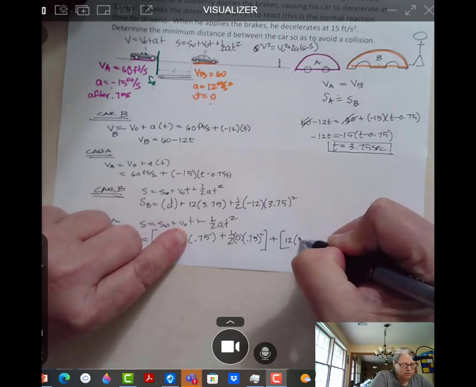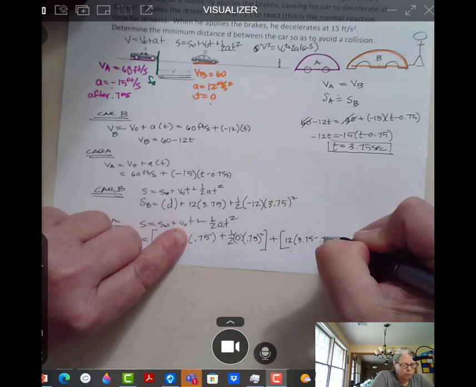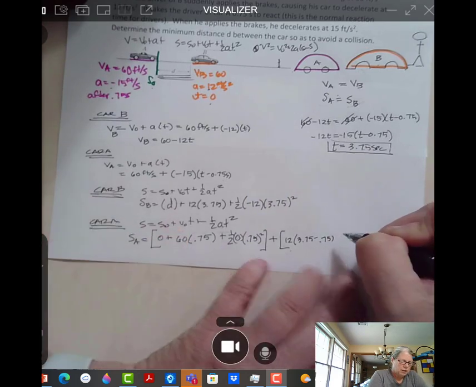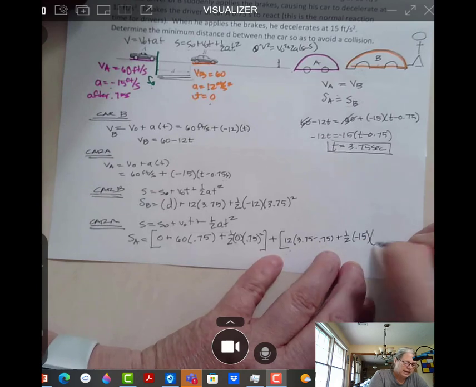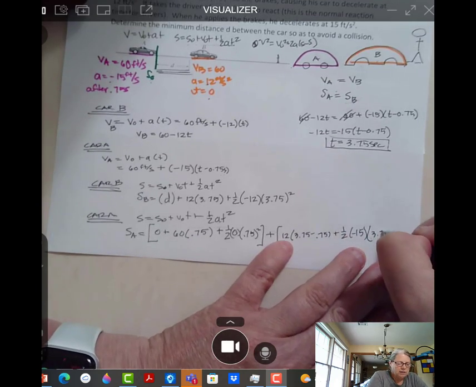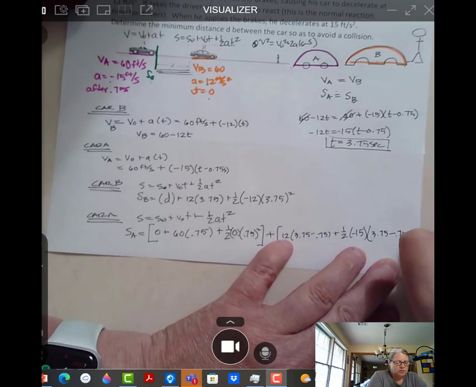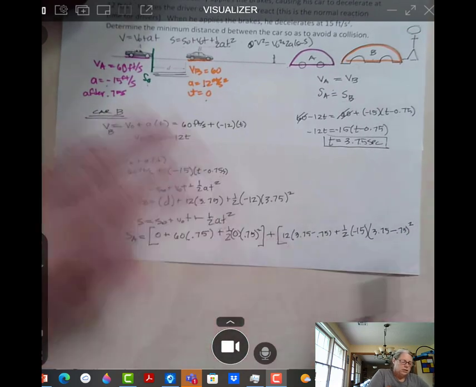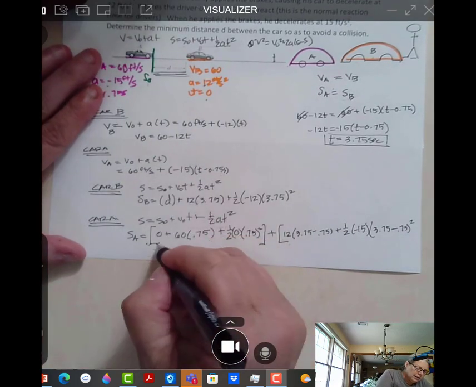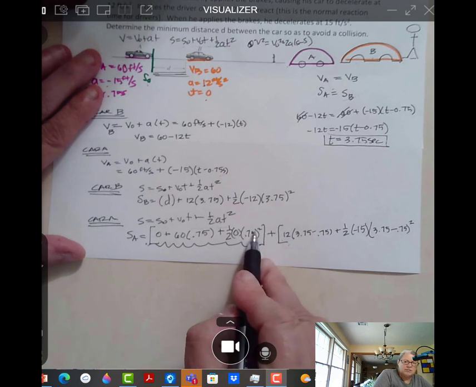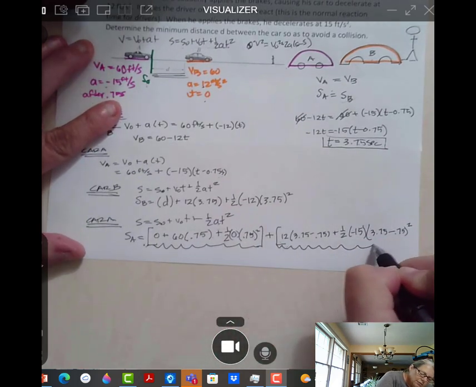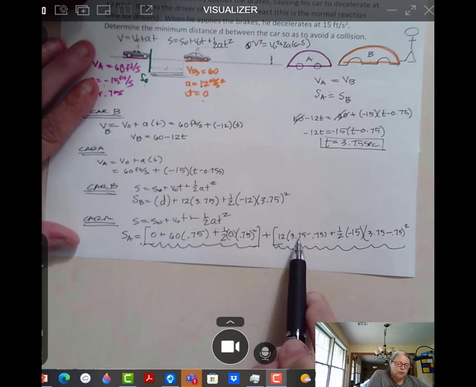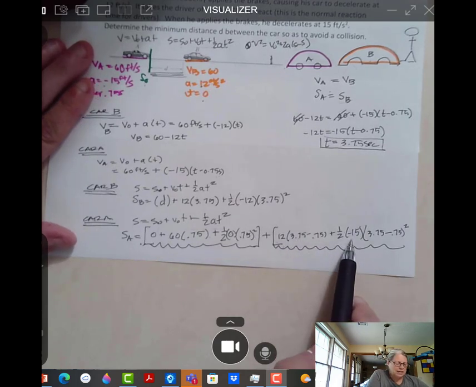The time is going to be 3.75 minus 0.75, plus 1/2 negative 15, and again it's 3.75 minus 0.75. So we are going to be traveling for 0.75 seconds without acceleration. Then we are going to be traveling for 3 seconds while we're slowing down.